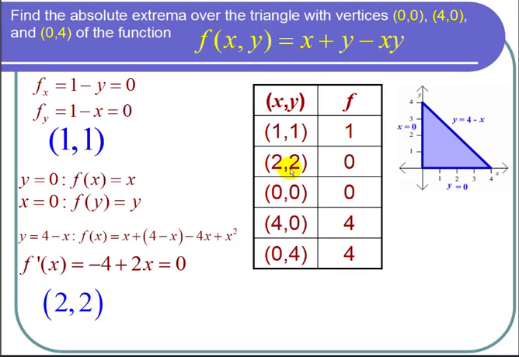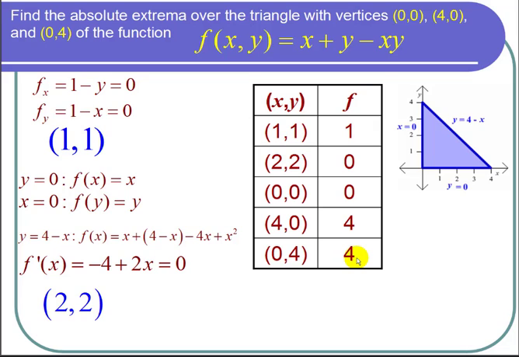If I plug in 2 and 2, I get 2 plus 2 minus 2 times 2, and that's 0. If I plug in (0, 0), I get 0 plus 0 minus 0 times 0, and that's also 0. If I plug in (4, 0), I get 4 plus 0 minus 4 times 0, and that's 4. And if I plug in (0, 4), I get 0 plus 4 minus 0 times 4, and that's also 4.